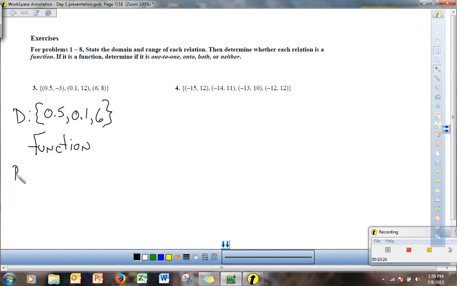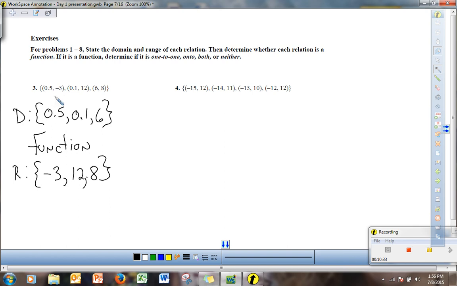Let me list the range now. The range looks like -3, 12, and 8. Okay. Hey, now on this one, it says if the range is used, it's used only once. No range was listed more than once, so it's definitely one-to-one.